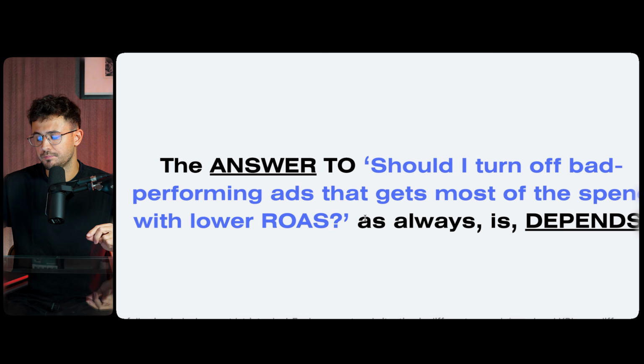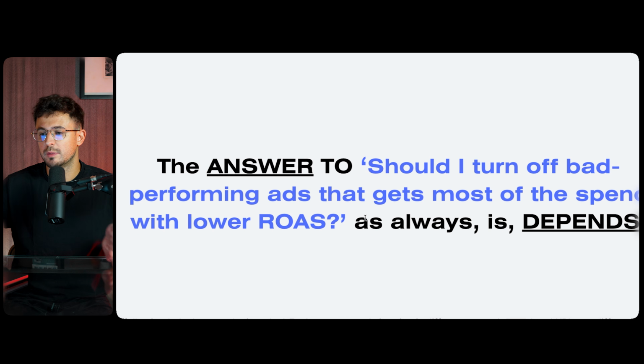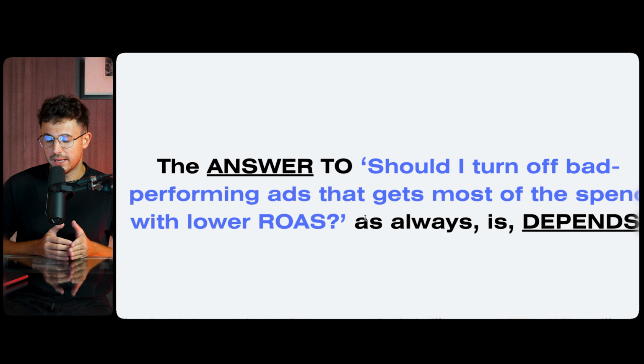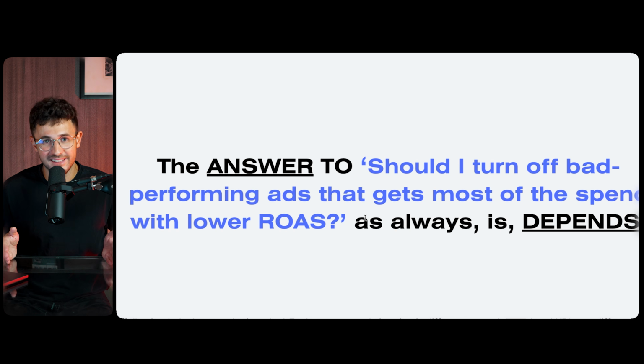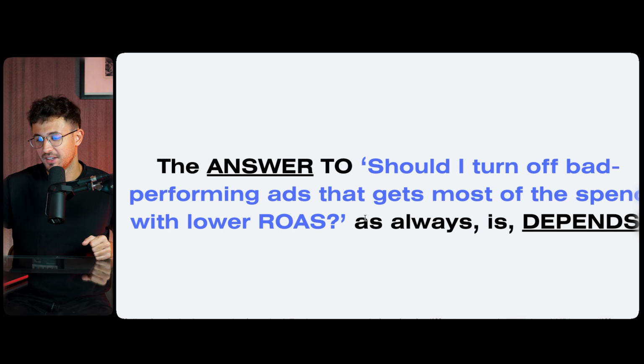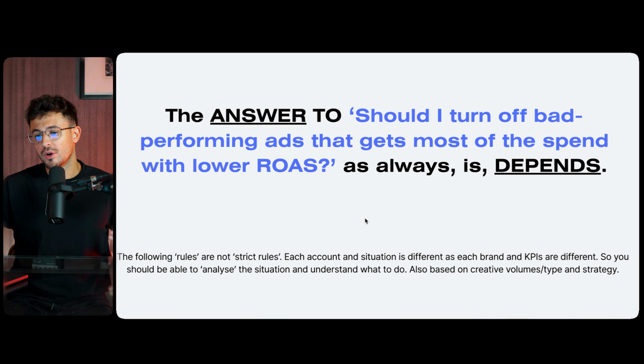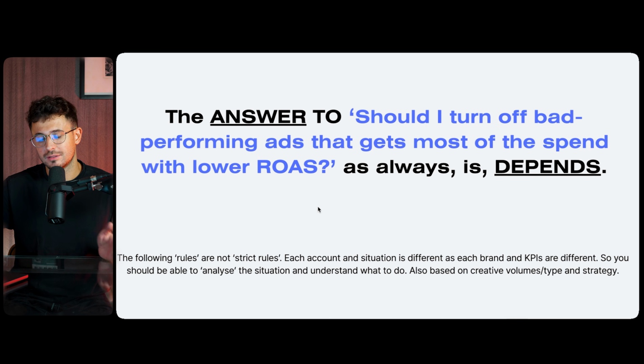This is the situation. The answer to this question, should I turn off badly performing ads that get most of the spend with lower ROAS, is, as always, the most hated answer, which is: it depends. Cool. So the following rules that I'm going to show you right now are not strict rules, unfortunately, because each account and situation is different, and each brand and KPIs are different.